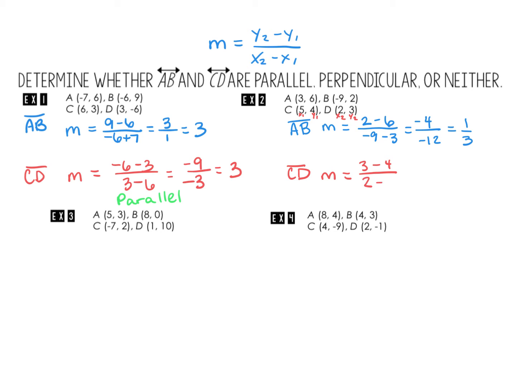So then we have 2 minus 5 for our x2 minus x1. 3 minus 4 is negative 1. 2 minus 5 is negative 3. Negative divided by a negative is a positive, so we have 1/3 for this one as well. If both slopes are the same, then the lines are parallel.